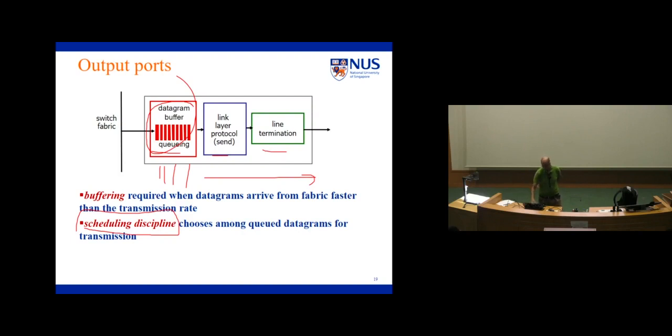So for example, different packets may have different priority, and in that case you will take a higher priority packet and send it out. But by default, all routers in the internet do first come, first serve, or first in, first out, same thing. Whoever comes in first will be taken out first.